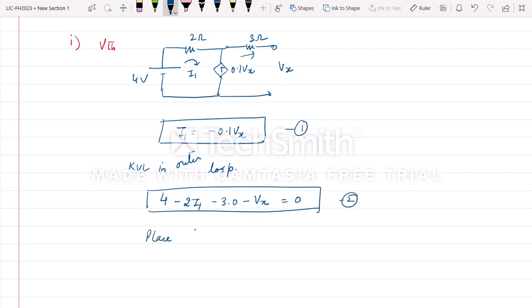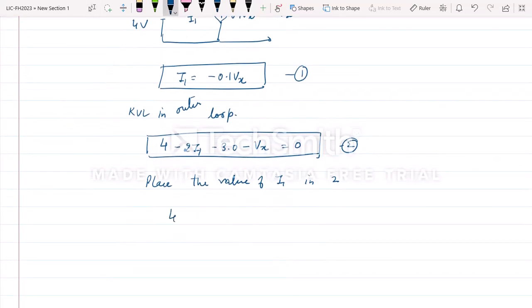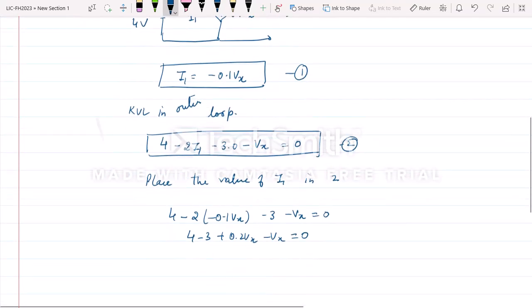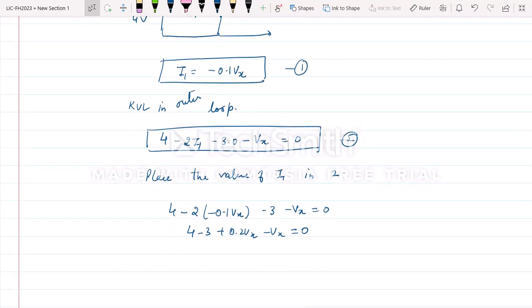Now place the value of I1 from 1 into 2. So 4 minus 2 times minus 0.1 Vx, minus 3 times 0, minus Vx equals 0. This becomes 4 plus 0.2 Vx minus Vx equals 0. The 3 into 0 term is 0.